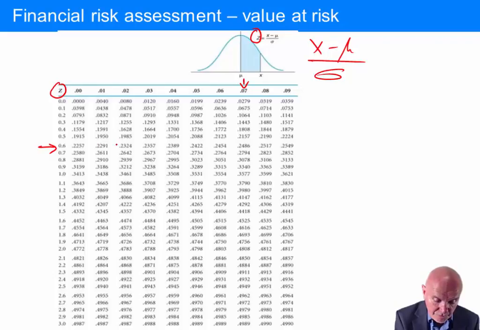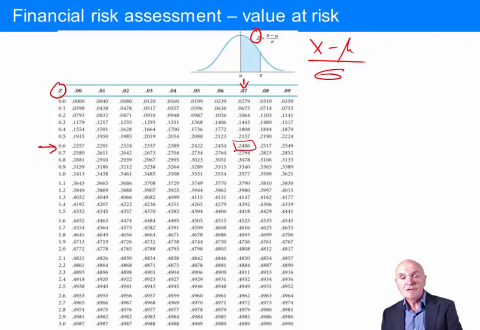So we line these up here, 0.6 and 0.07, 0.2486. And this 0.2486 is the proportion of the whole population, which here is between 178 and 180 centimeters.